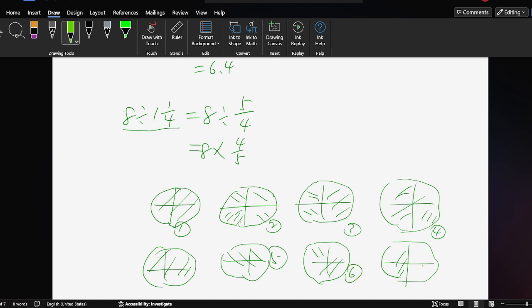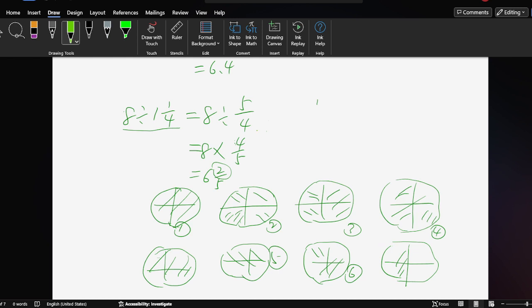And then the last remaining is only 2 small pieces. So the solution should be 6 2 over 5. So totally 6 whole parts with 2 small pieces. The 2 small pieces are here.